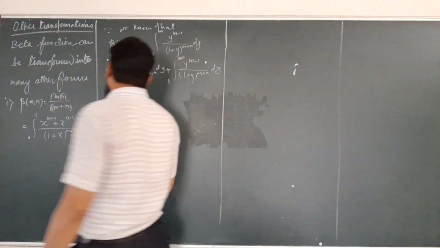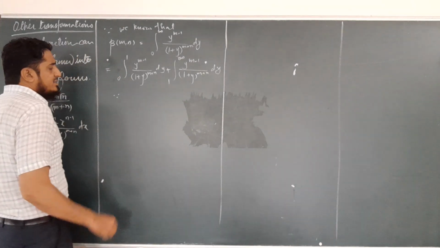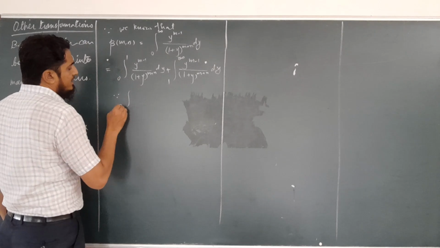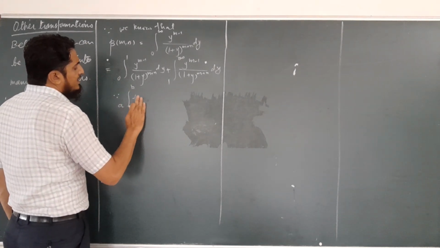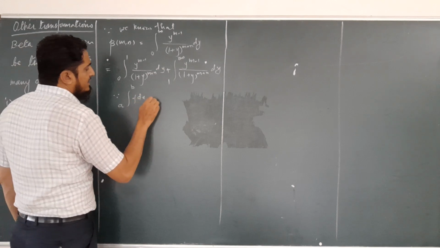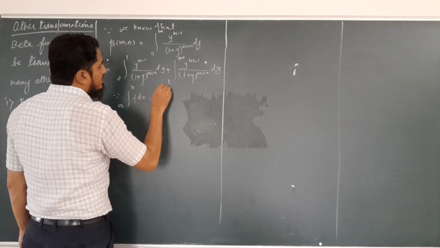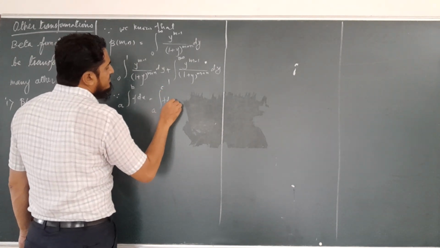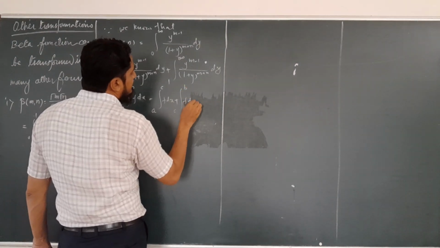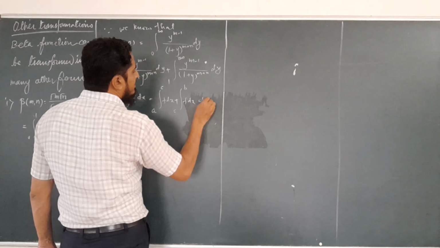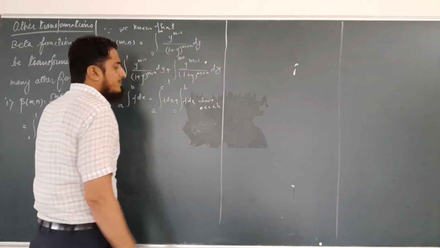Now since we know, in previous classes we have learned, integration from a to b of f dx is equal to integration from a to c of f dx plus integration from c to b of f dx, where a is less than c is less than b.